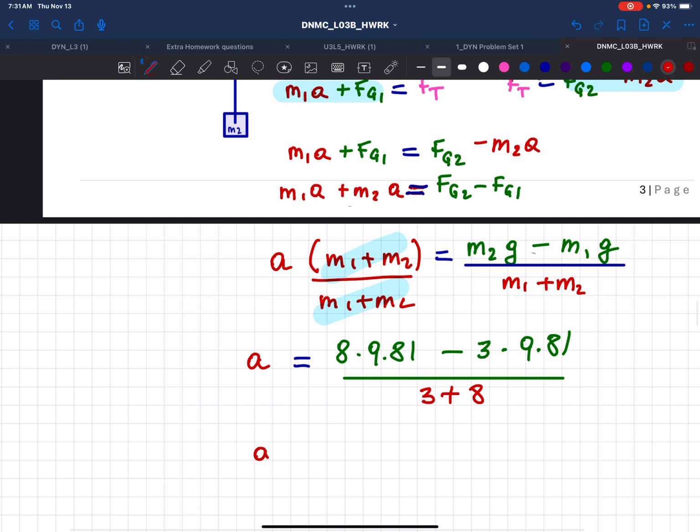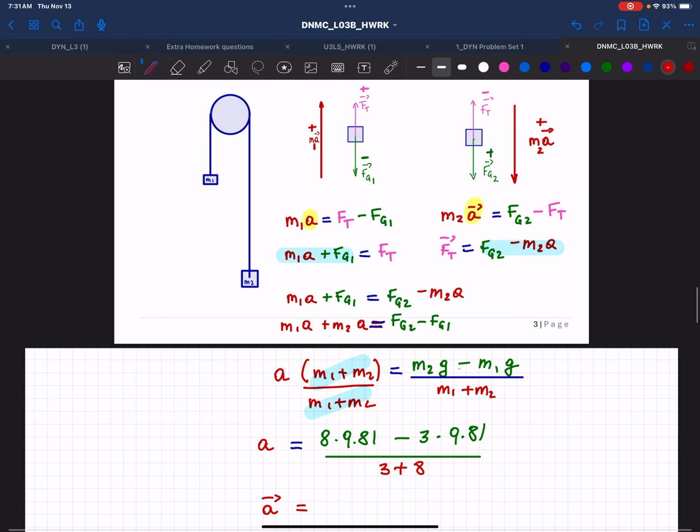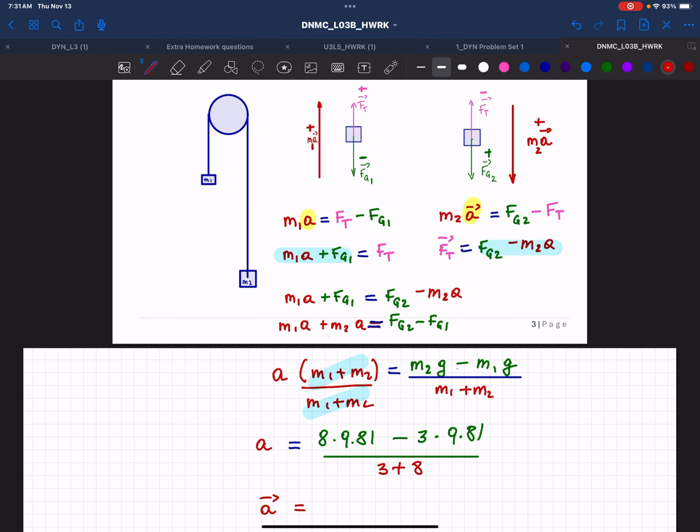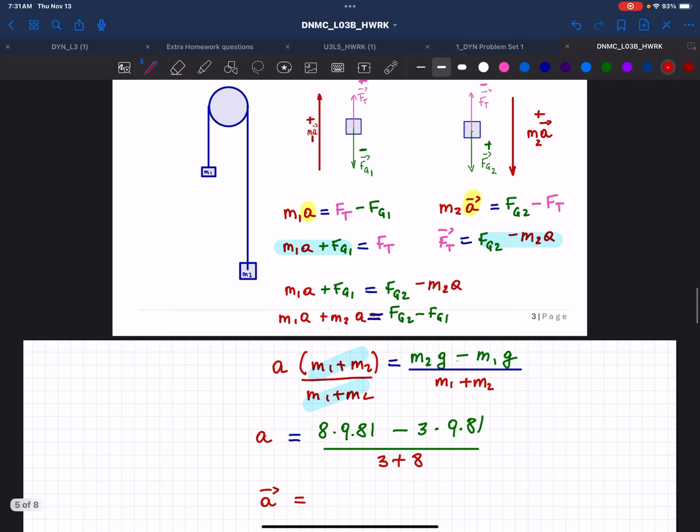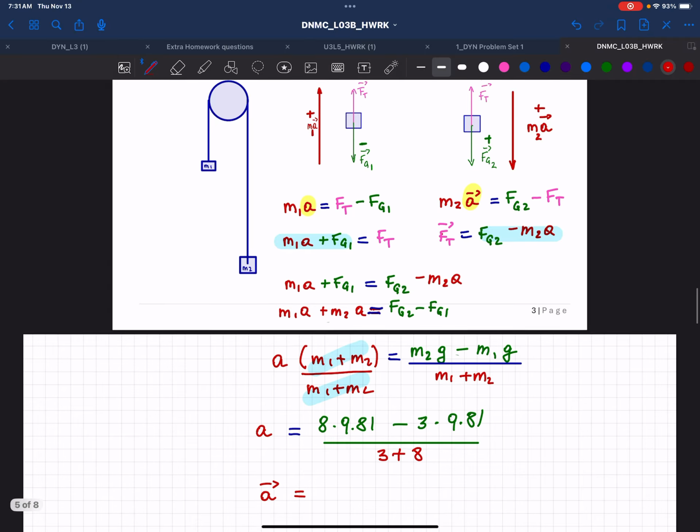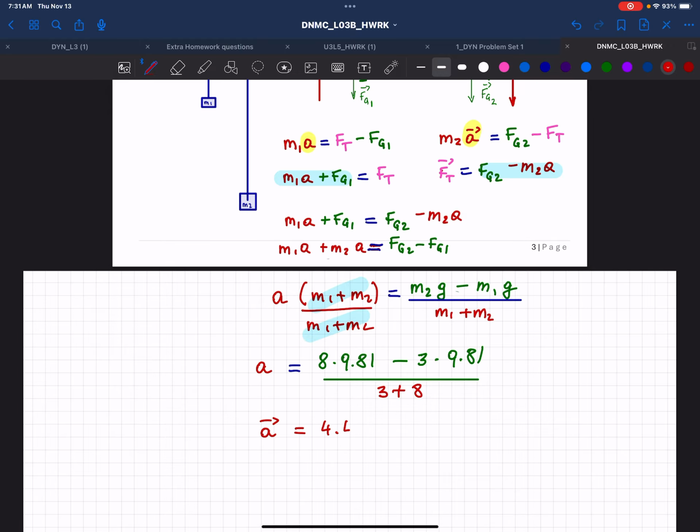The calculation should take only one step, so all the work is in building the solution, step by step, and structuring your thinking process. So 8 times 9.81, and then minus 3 times 9.81. Divide this by 11, and we have 4.45 for the acceleration.